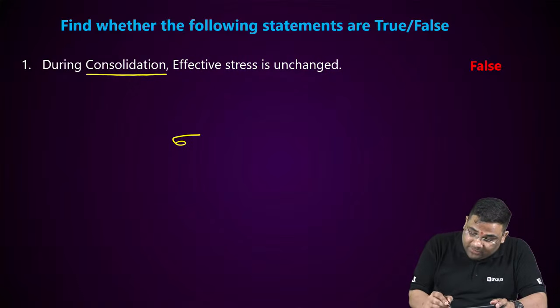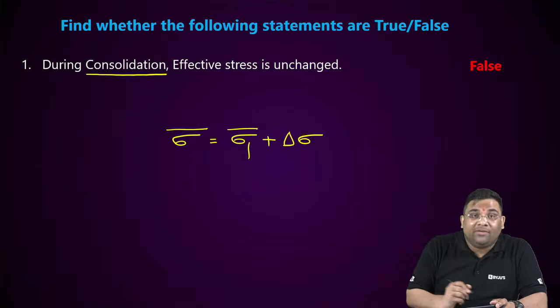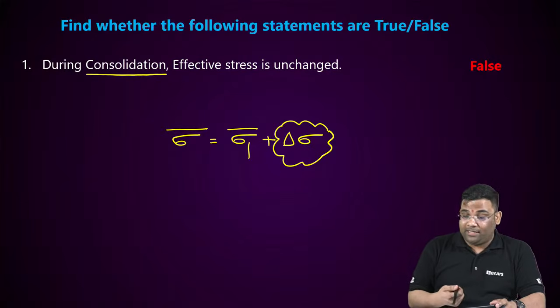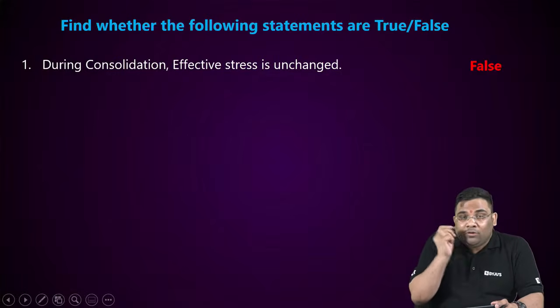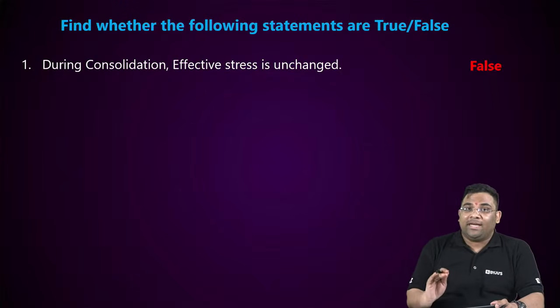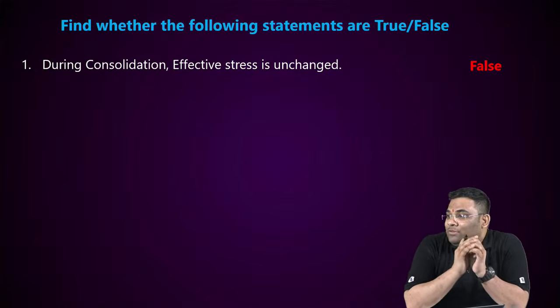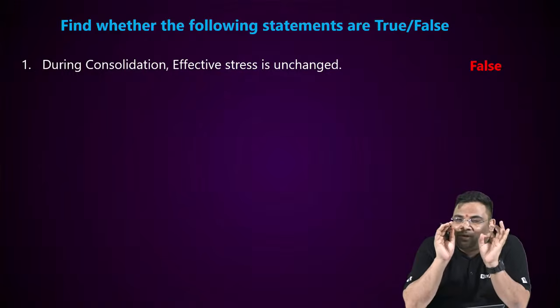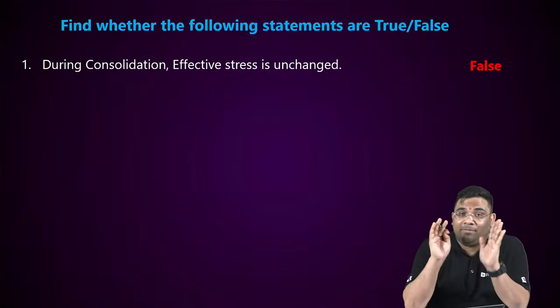The effective stress increased from initial effective stress to final effective stress, that additional stress came into picture, right? So this statement is false because during the consolidation process, effective stress increases. Very important point. Therefore, I explained the theory in detail, because if you are not very thorough with the theoretical portion, you will commit mistakes.